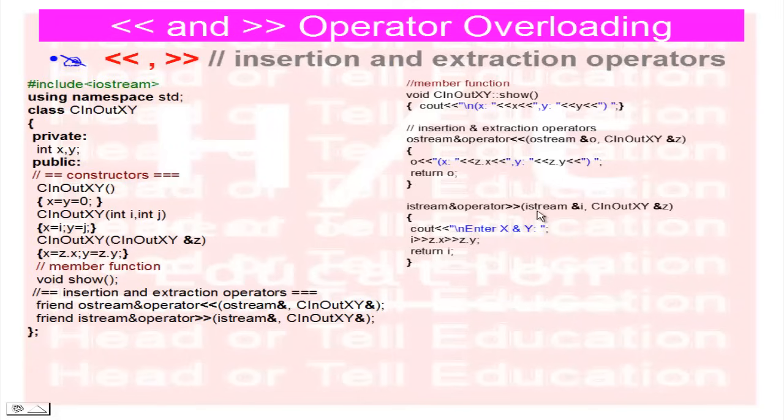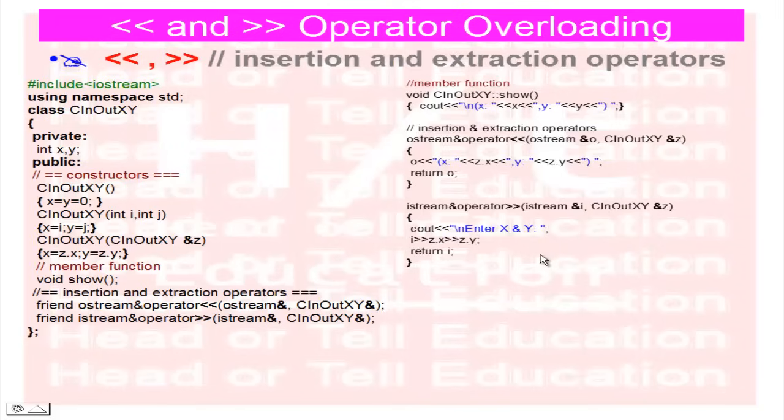We pass the istream object, which this time works with i equal to cin, and the class object reference for x y, whose reference name is z.